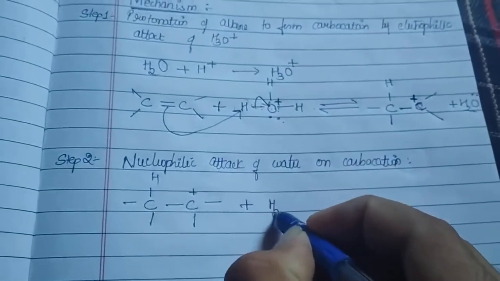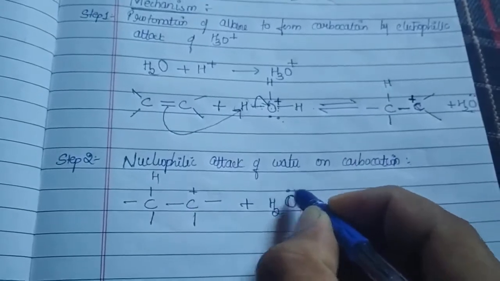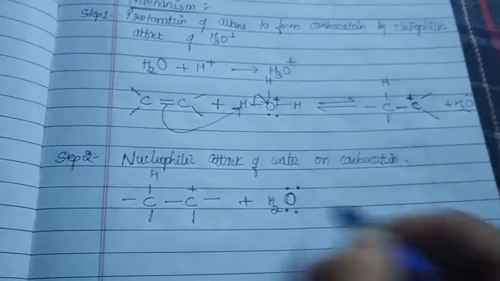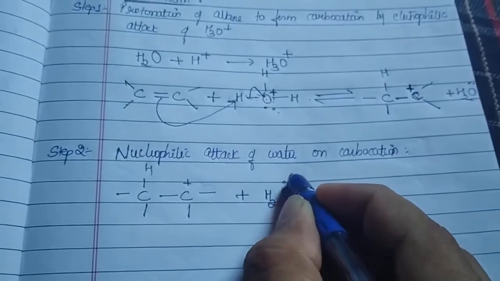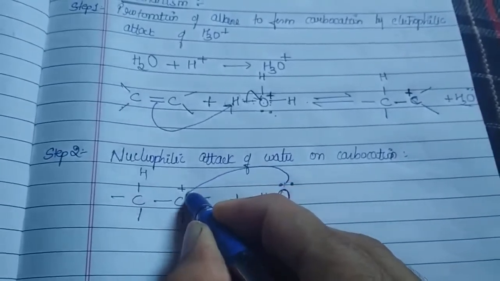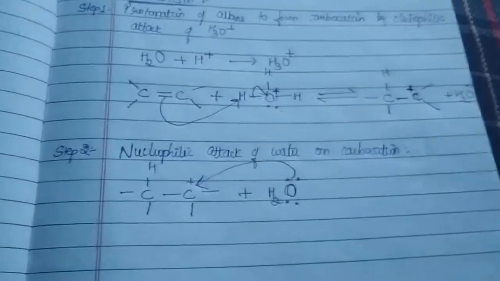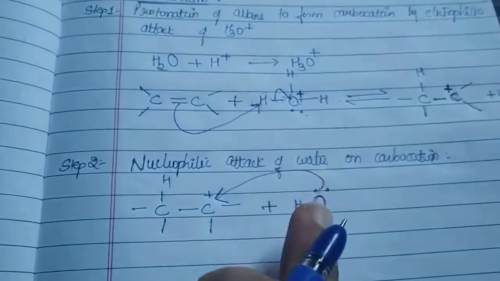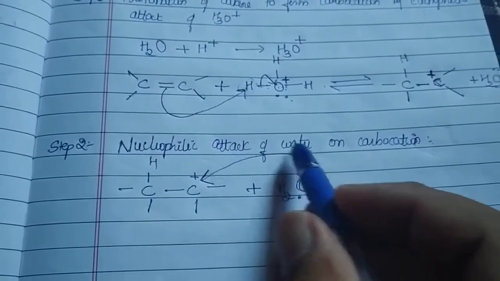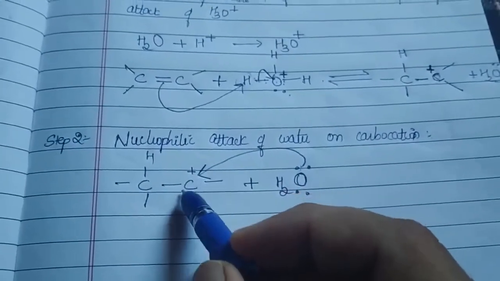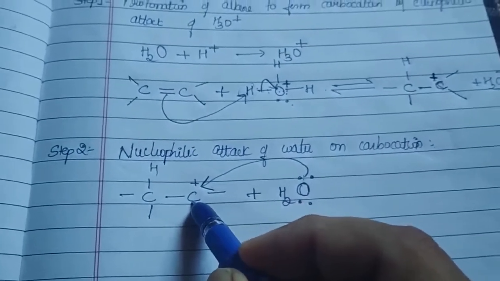Whatever water you have chosen as a solvent, of course that oxygen is having what? Lone pair of electrons. So again, utilizing this lone pair of electrons, oxygen will go and try to bind with this carbocation. Are you able to see the arrow notation from where it is moving? Yes, from the oxygen's lone pair of electrons to the positive center of our carbon atom, right?